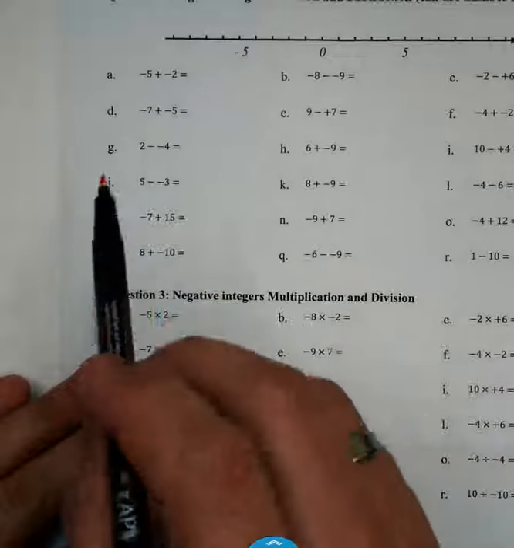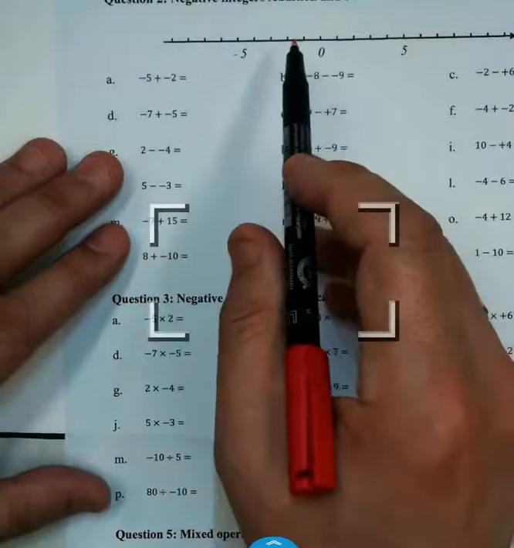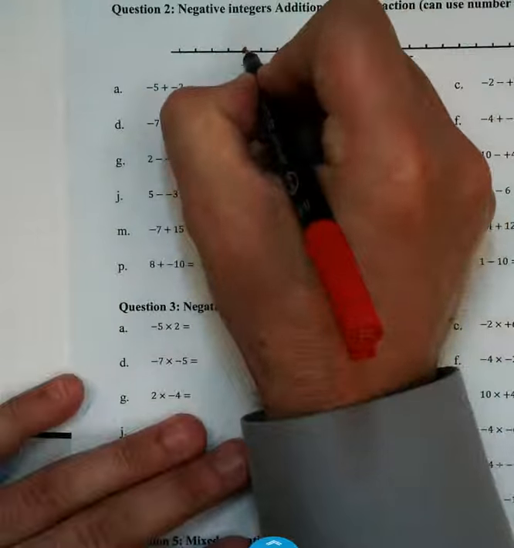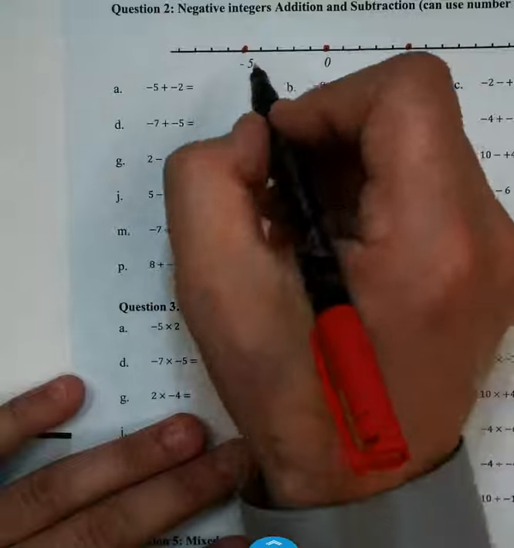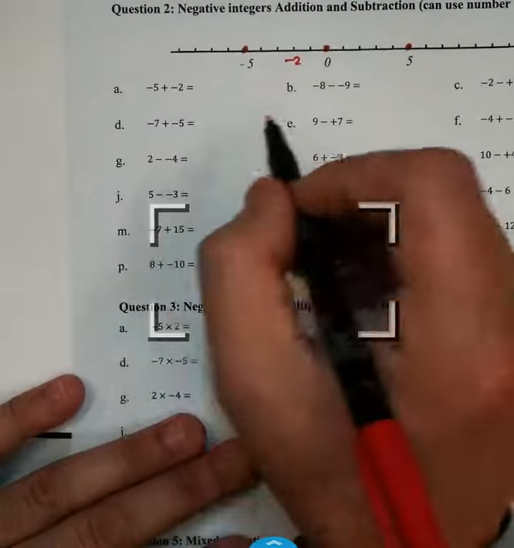Excellent. The next question, it says here, use the number line to work out the addition and subtraction of these numbers. So again, remember that's 5, that's 0, and that's 5. Now you have -2 here, and you have -5.